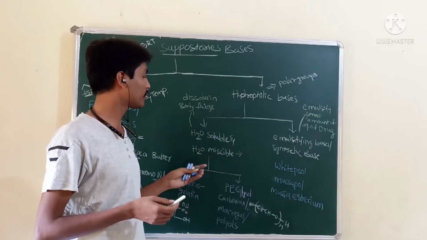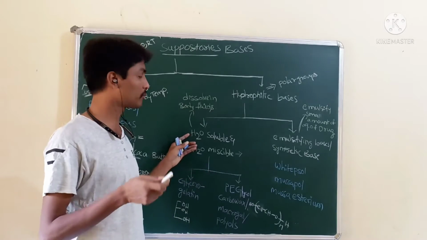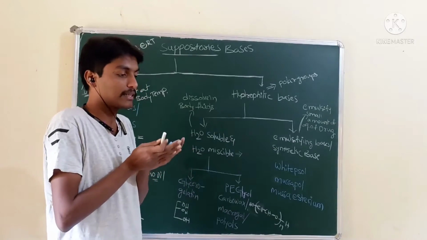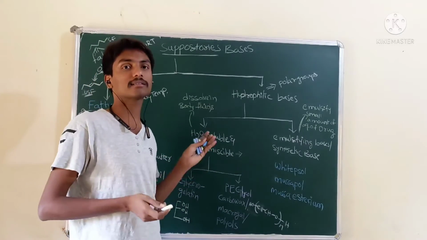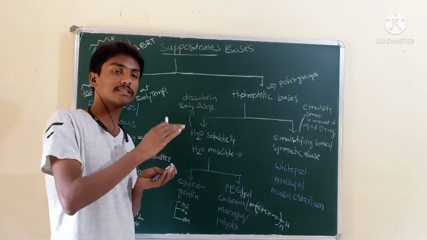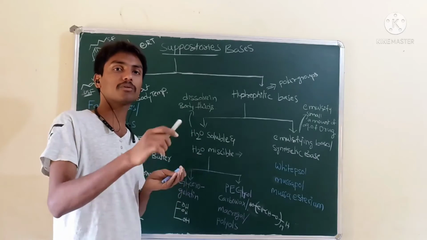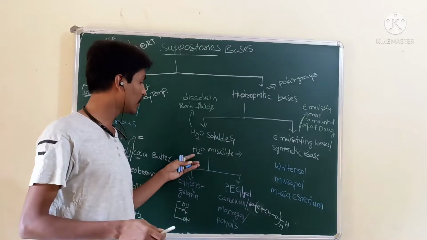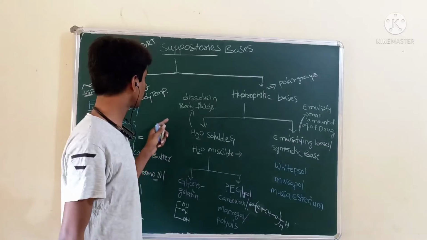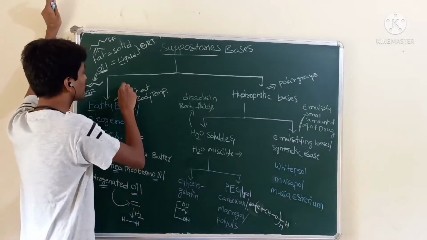Water soluble and water miscible are different. Water soluble means any solute that dissolves in water. Water miscible solubilizes two different components; polar and non-polar can be solubilized by using a water miscible agent.